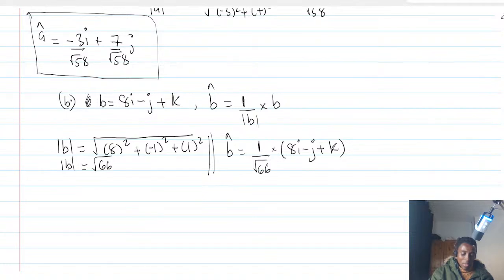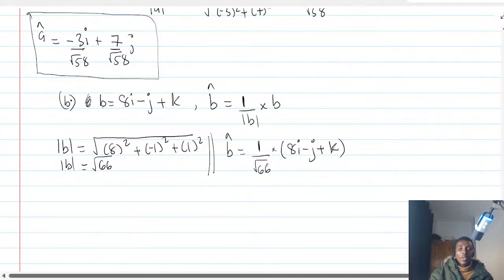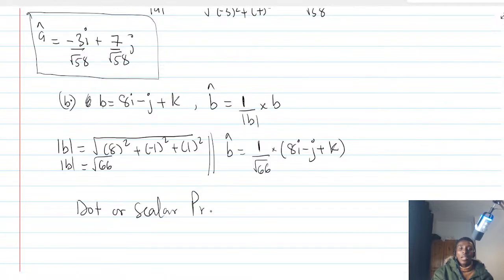In other words, we can use the unit vector to find the direction of a vector, or in other words, the direction vector actually. I want us to look at the dot or scalar product, and then we will look at the cross product.